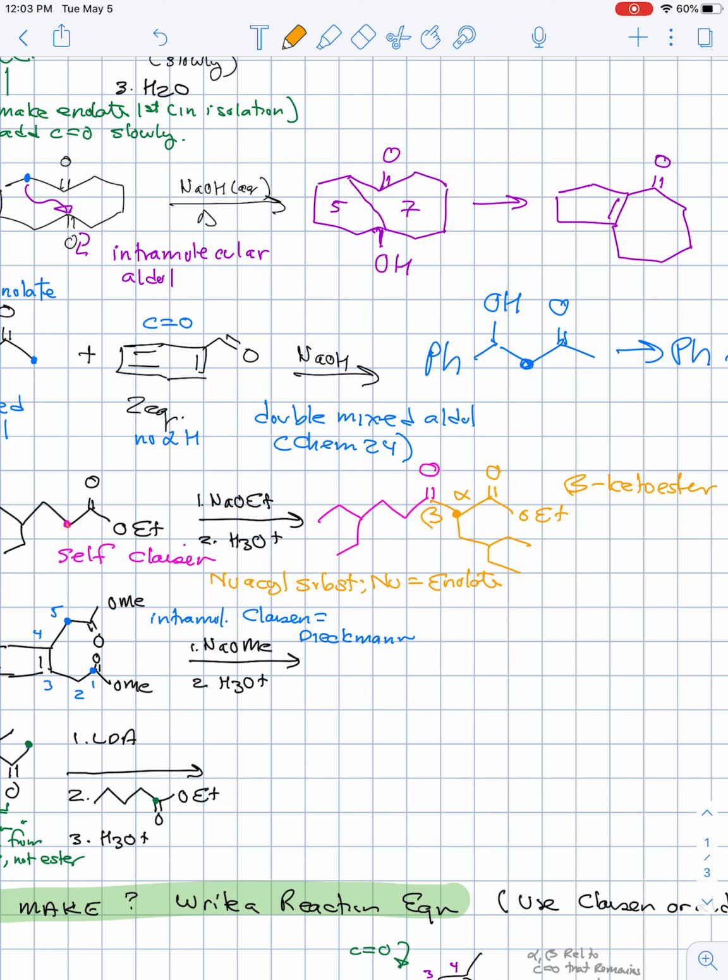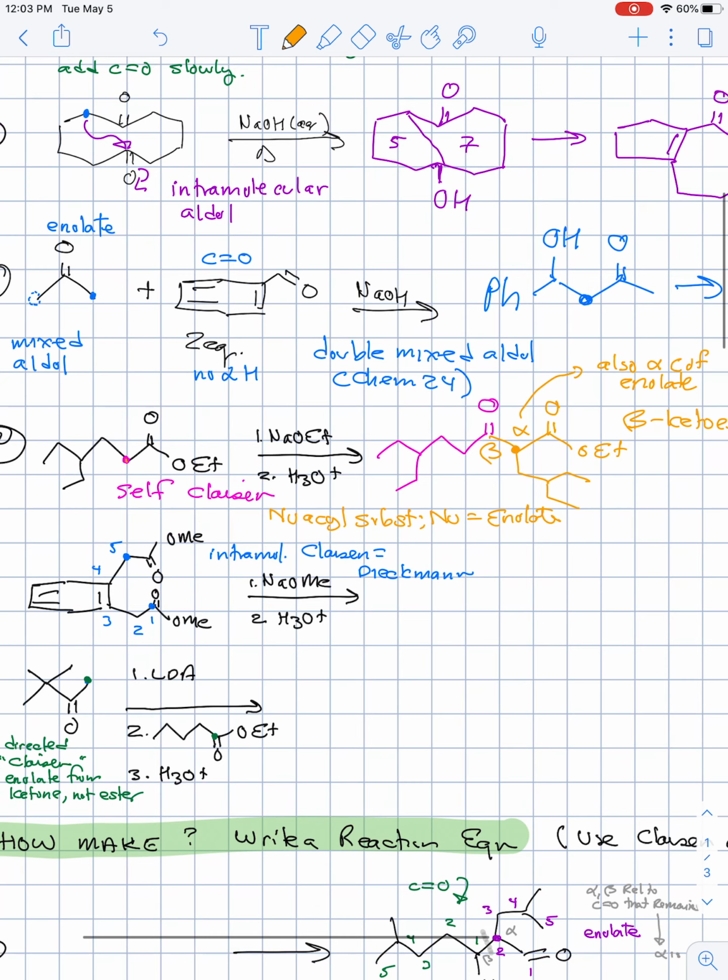So it's the alpha carbon in the product, but it's also the alpha carbon of the enolate. And if you go back and you look at the aldol condensation, you'll see the same thing, that the alpha carbon to the one that remains a carbonyl or that keeps its functional group is from the enolate. And that's all we have to do there.